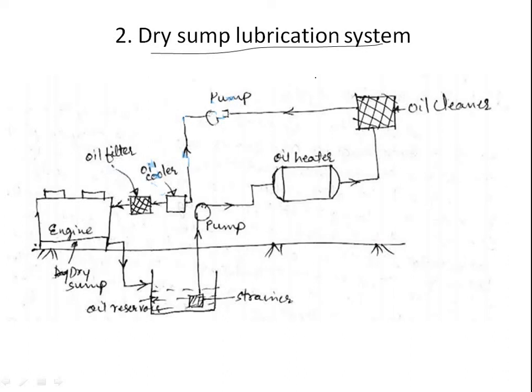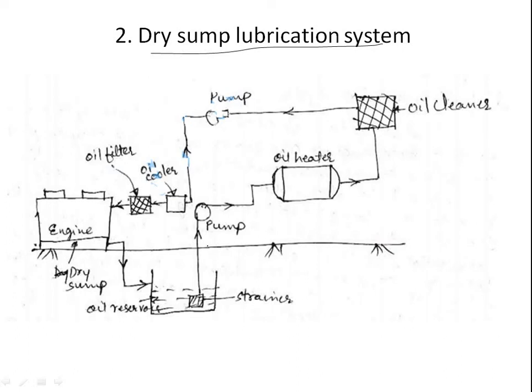In this system no oil is stored in the engine crankcase sump, hence it is called a dry sump lubrication system. Here, used oil from various parts falls into the crankcase.